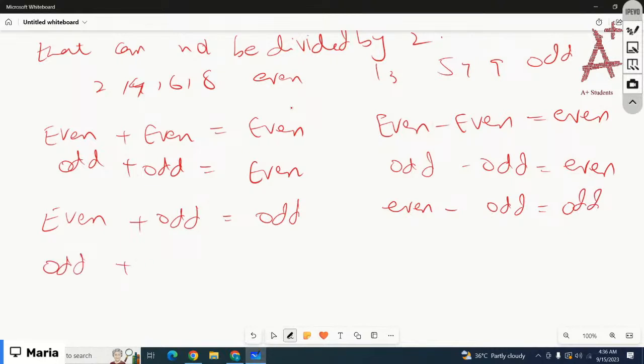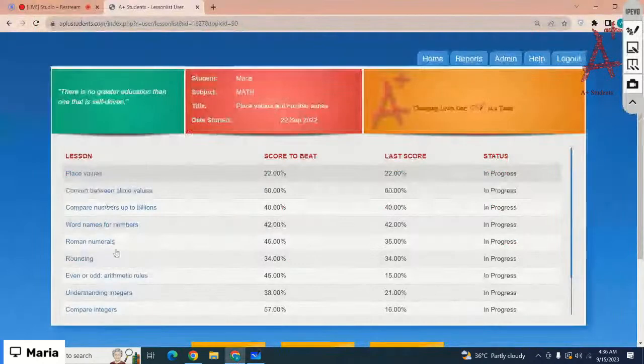If you are adding an odd plus even, the answer is odd. If you are subtracting odd and even, the answer is odd, right? These are the arithmetic rules for even or odd numbers, right? So let's just go to the practice questions.